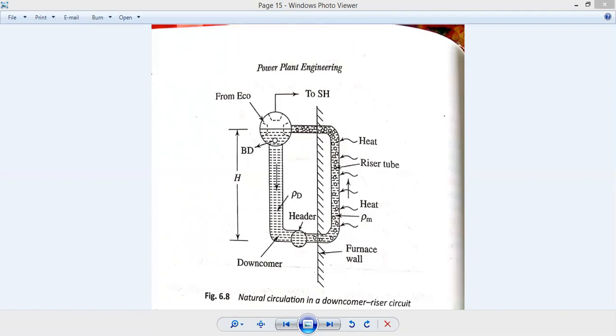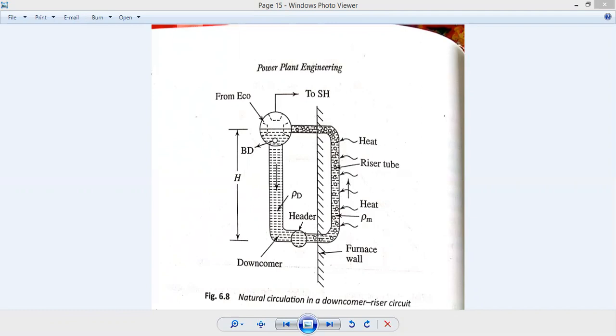For simplicity, mean density rho M may be taken as the arithmetic mean of the density at the bottom and at the top of the riser itself. So the density at the bottom of the riser and the density at the top of the riser are added and divided by 2.